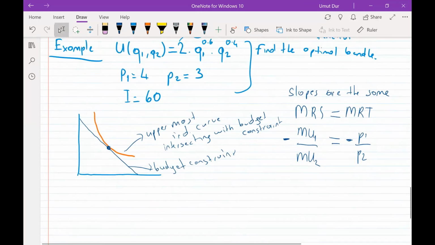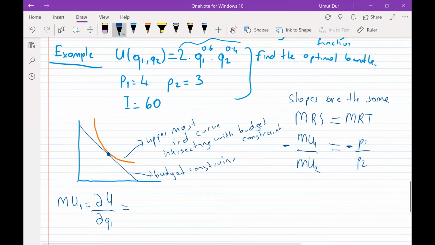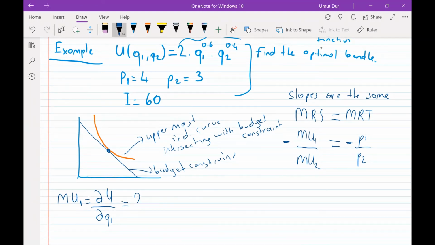So what is the marginal utility of good 1? Marginal utility of good 1 is the derivative of the utility function with respect to good 1, which from this function is 2 times 0.6 times Q1 to the minus 0.4 times Q2 to the 0.4.